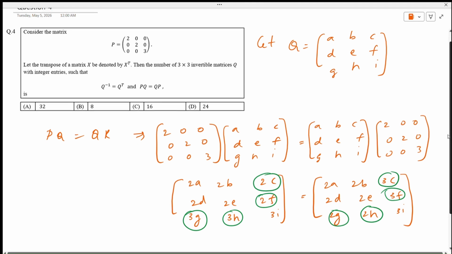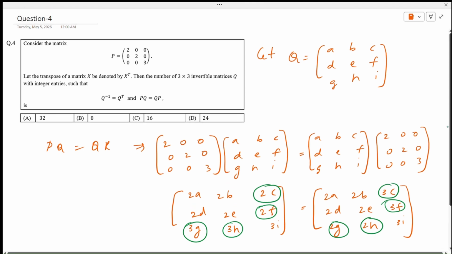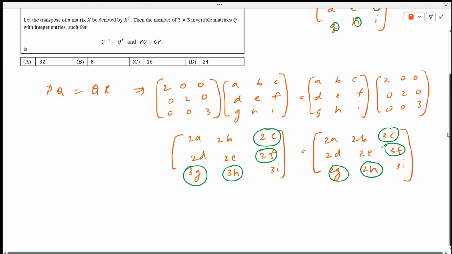So in our matrix, C is 0, F is 0, and what else? G and H are also equal to 0. And there is one more condition. We are told Q inverse is equal to Q transpose.